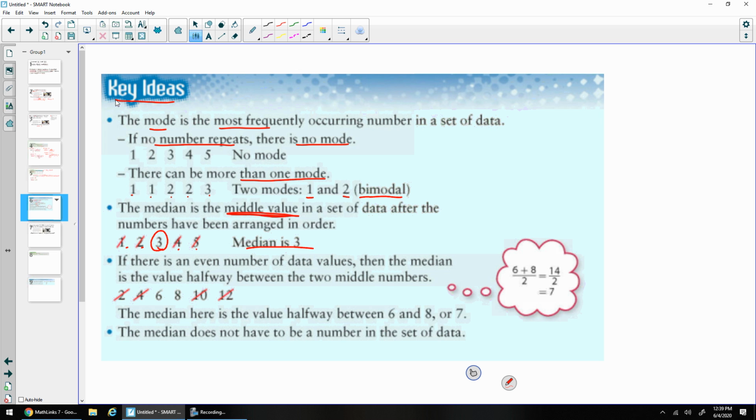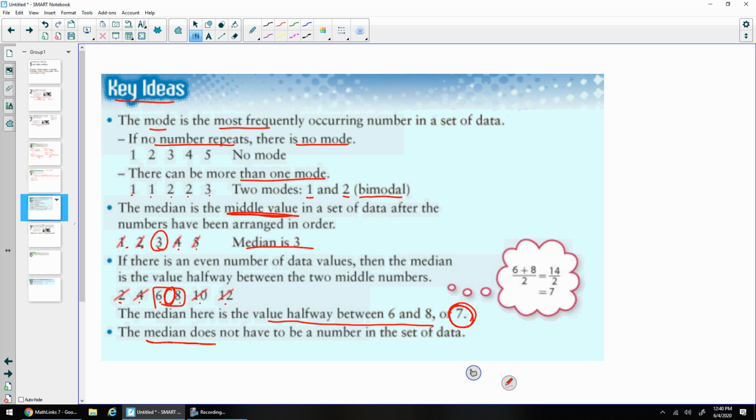Now if there's an even number of values, the median is the value halfway between the 2 middle values. So when there's 6 numbers here, 1, 2, 3, 4, 5, 6, there's 2 numbers that are in the middle, and so we're looking for what would be in between them. So in this case, the median is the value halfway between 6 and 8, so the median is 7. Okay?